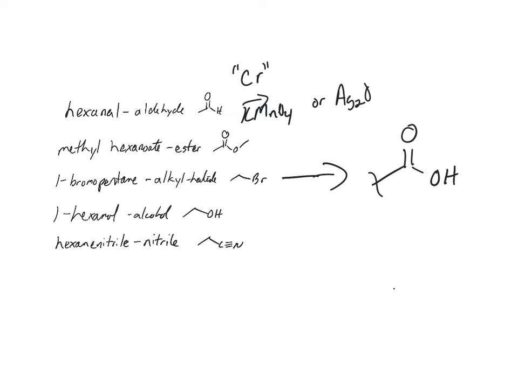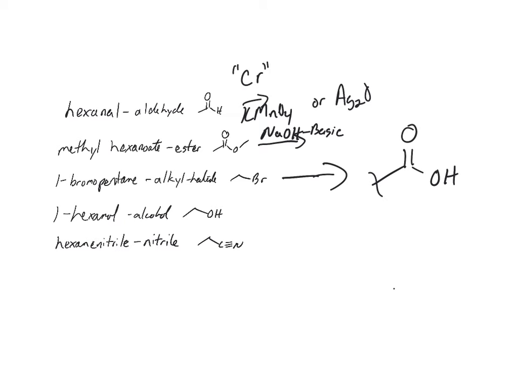What about an ester? How do you turn an ester into a carboxylic acid? 2 ways to do that too. NaOH. So don't go crazy here. One way is NaOH, which is the basic way. What's the acidic way going to be?